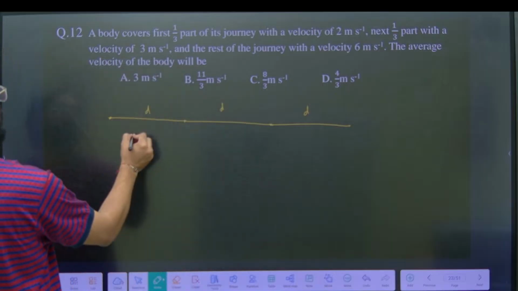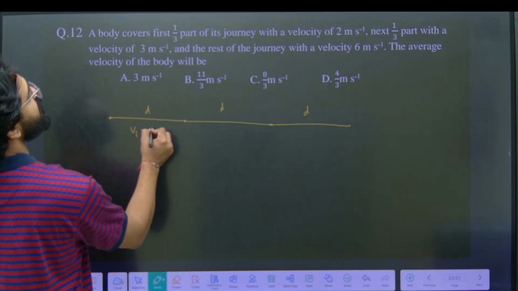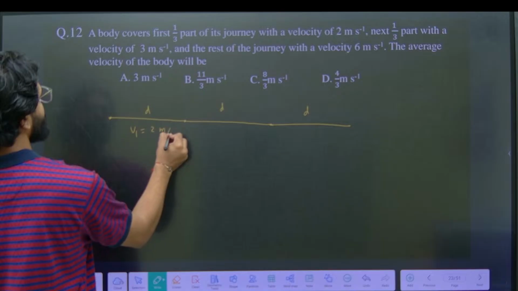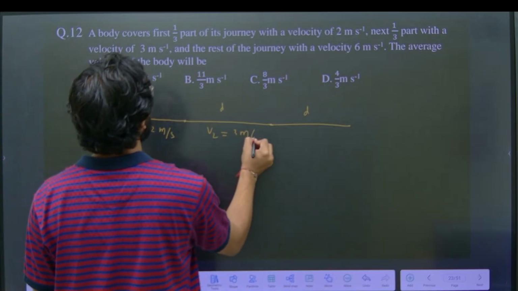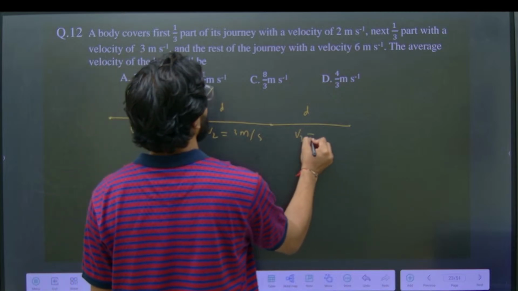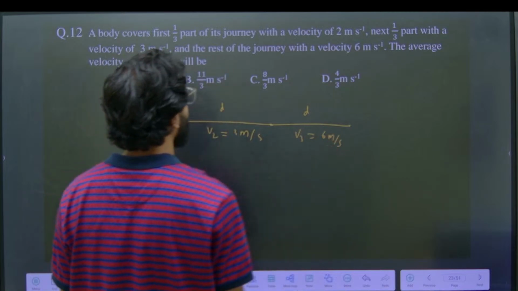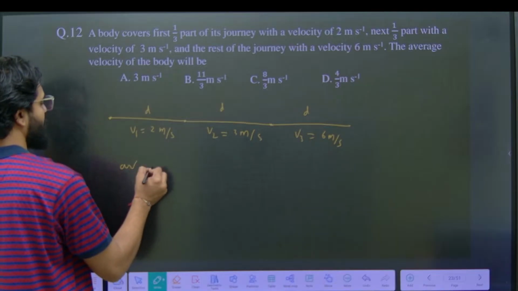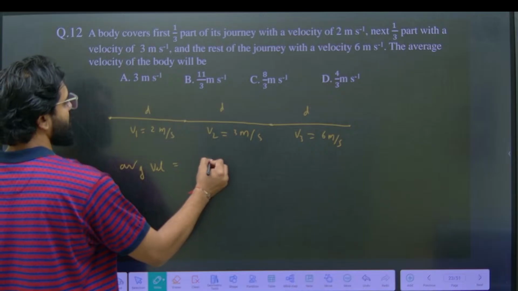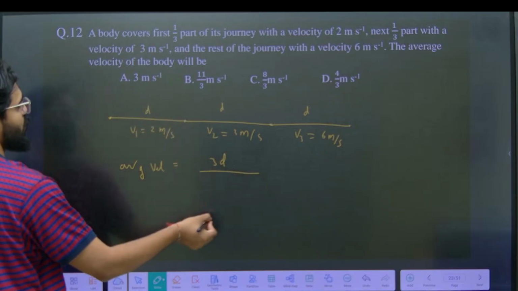It will make your life little easier. Okay. So over here v1, which is 2 meter per second, v2 it is 3 meter per second, and v3 it is 6 meter per second. The average velocity will be 3d, that is the total displacement, upon total time.